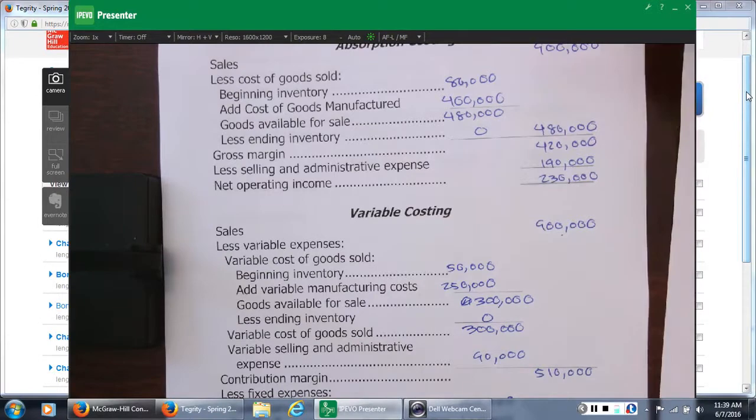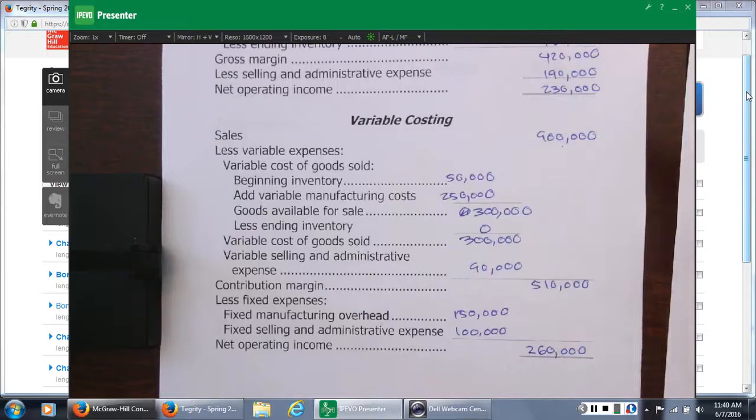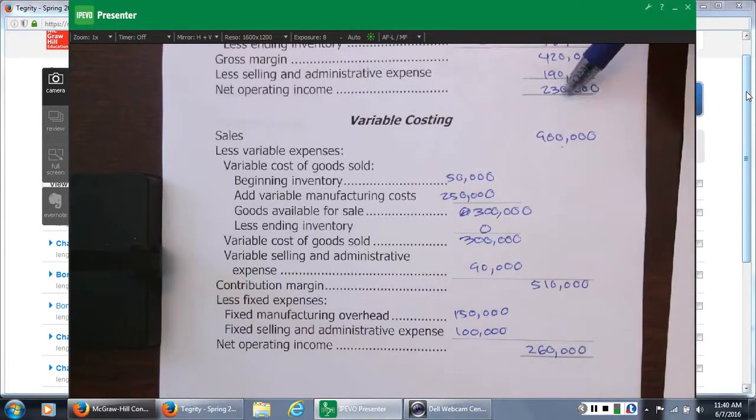So in year one, when you produced more than you sold, you are basically deferring some of that cost of goods sold until you sold those products, and that's why income was higher under full costing when you produced more than you sold in year one than it was under variable costing. But then you come over to year two when you actually sold more than you produced because you sold off your beginning inventory. In that situation, what you have is the reverse, that variable costing income will be higher than full costing income.